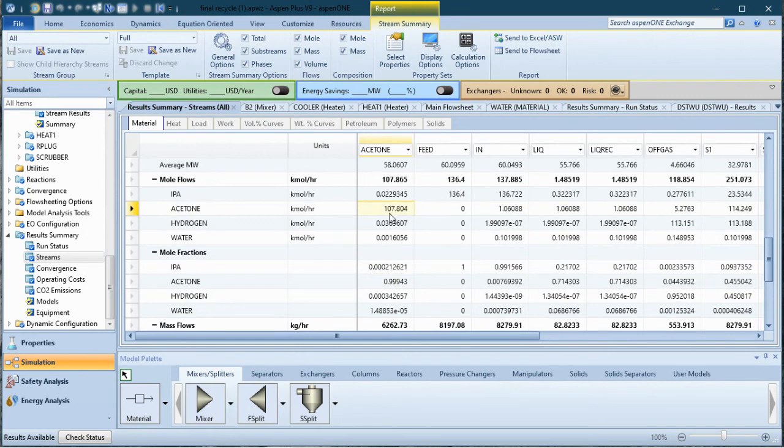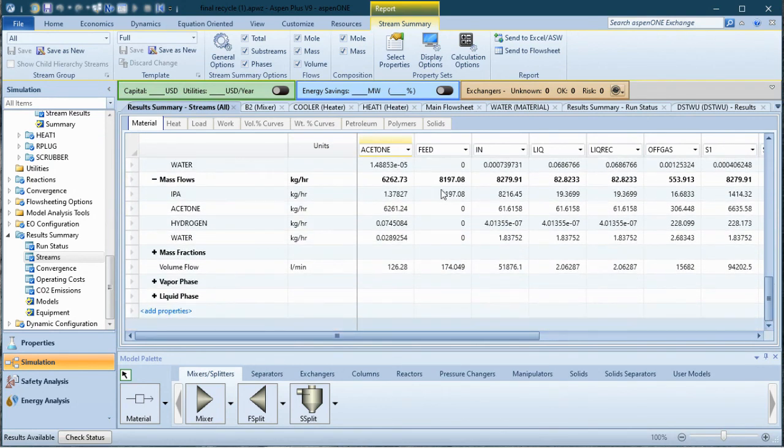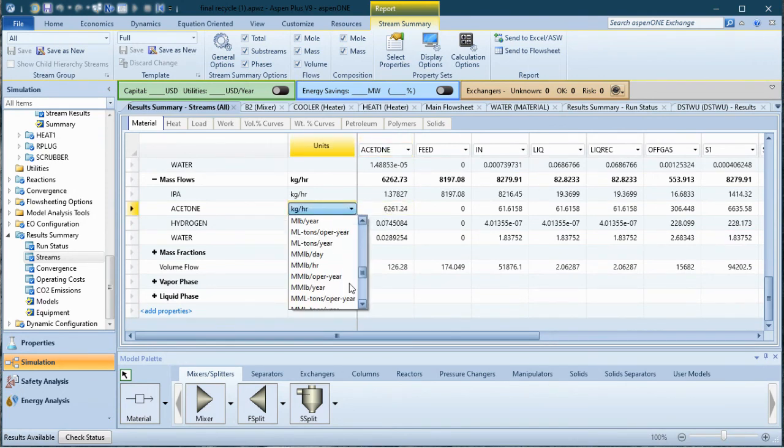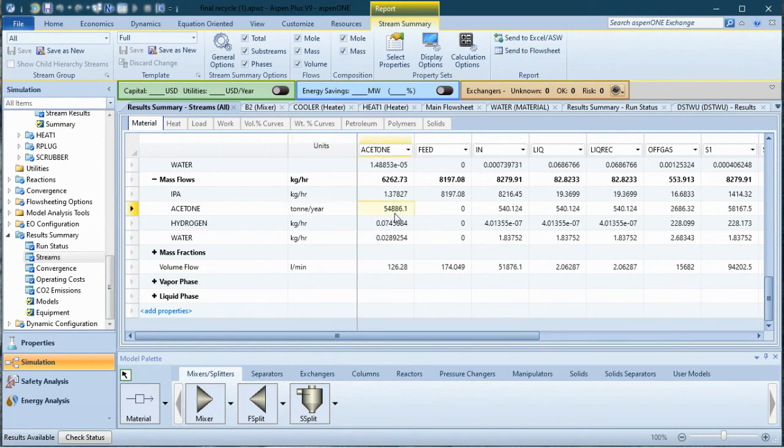When we calculate the mass and energy balance, we got 107. So for the recycle, we got the same result. So we achieved the desired purity and capacity. Yeah, this is 50,000.